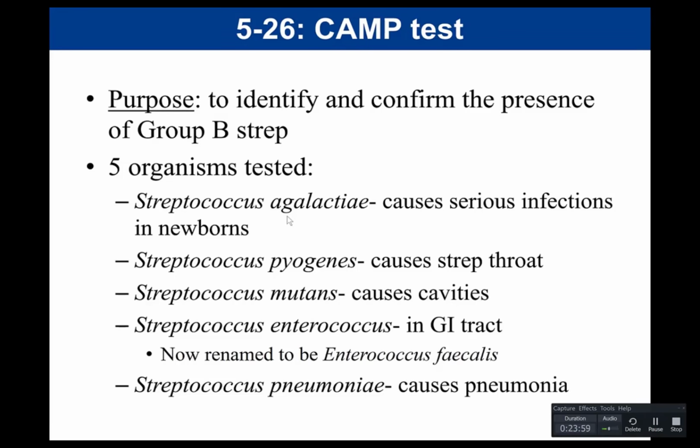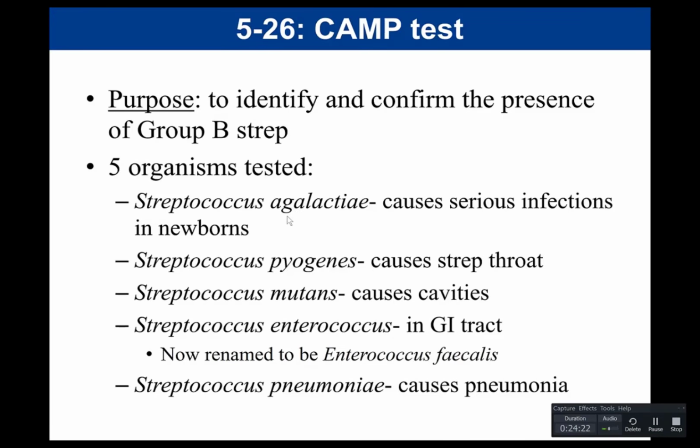As the baby passes through the vaginal canal, if the baby ingests the Strep agalactiae, it can cause a serious infection in newborns. One way we can test for group B strep is by doing a CAMP test, and I'll describe this in a minute.